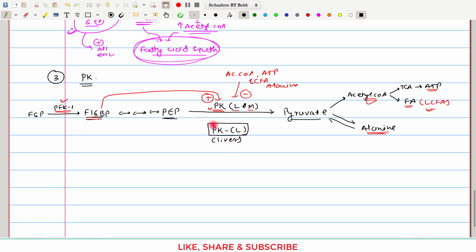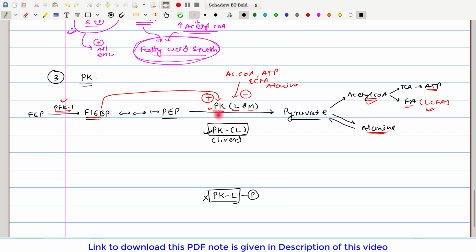Whenever phosphate is not there in this pyruvate kinase structure, it is active. Whereas, whenever pyruvate kinase L type has a phosphate, or you can say it is phosphorylated, it is inactive. So, what causes the dephosphorylation and phosphorylation of pyruvate kinase type L? Remember, this is true only for the liver type. M type is not regulated by phosphorylation and dephosphorylation.